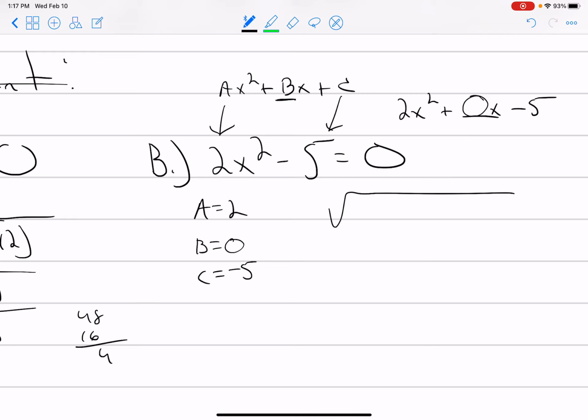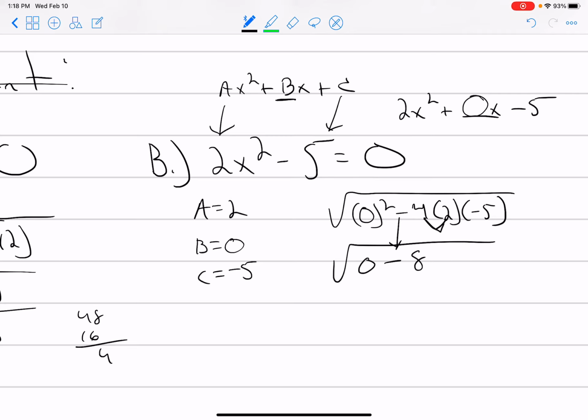Cool. You did it. So it's b squared. So it's 0 squared minus 4 times a times c, which is 0 minus, right? I just move the minus down. And notice I just say 4 times 2 is 8. 0, I move down.